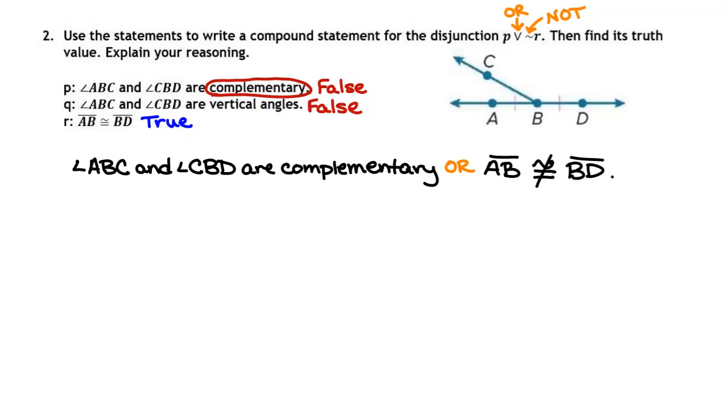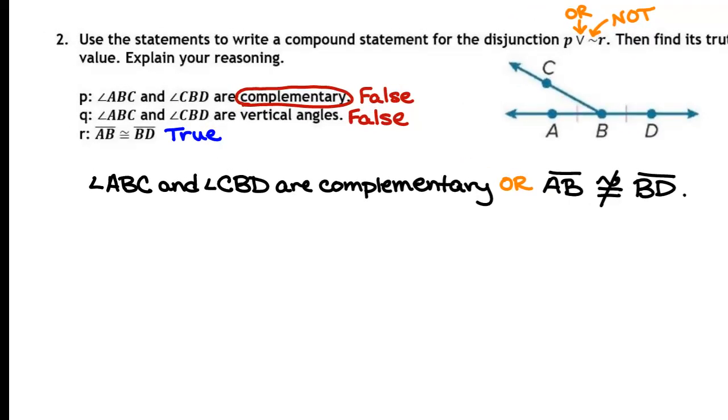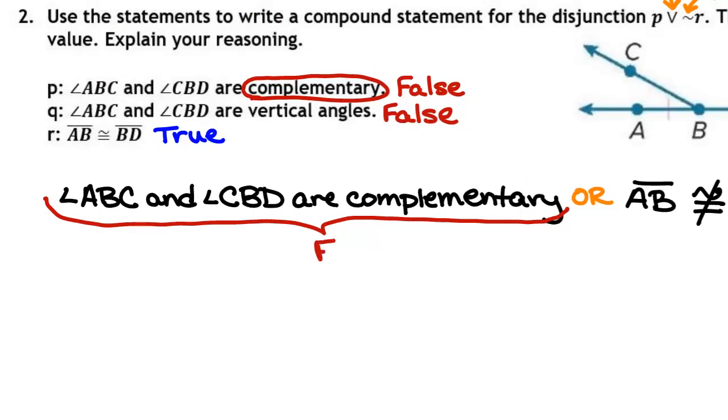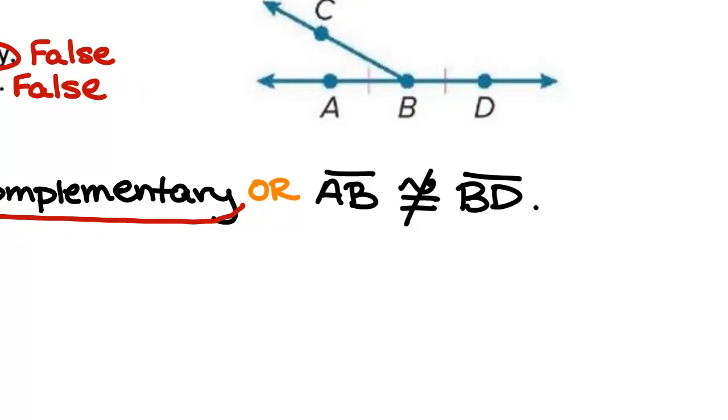All right, so let's look at this now. We already said that this first part of the statement, ABC and CBD are complementary, is true or false? False. AB is not congruent to BD. Is that true or false? That is false.